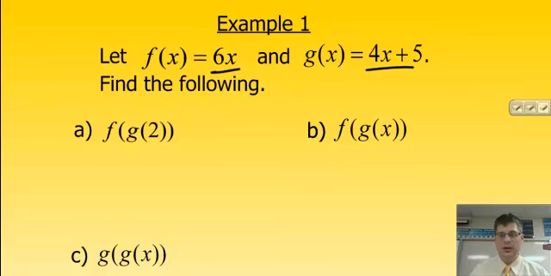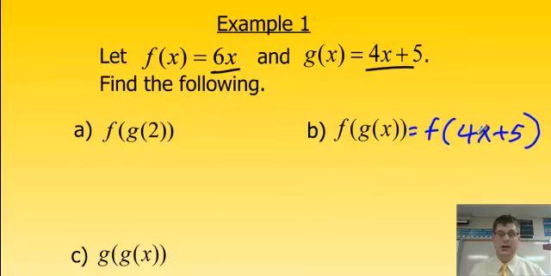Now in this case, what's different is that we are not substituting a number into x here. We're just going to leave it as x. So this is just like saying f of 4x plus 5, because that's our input.